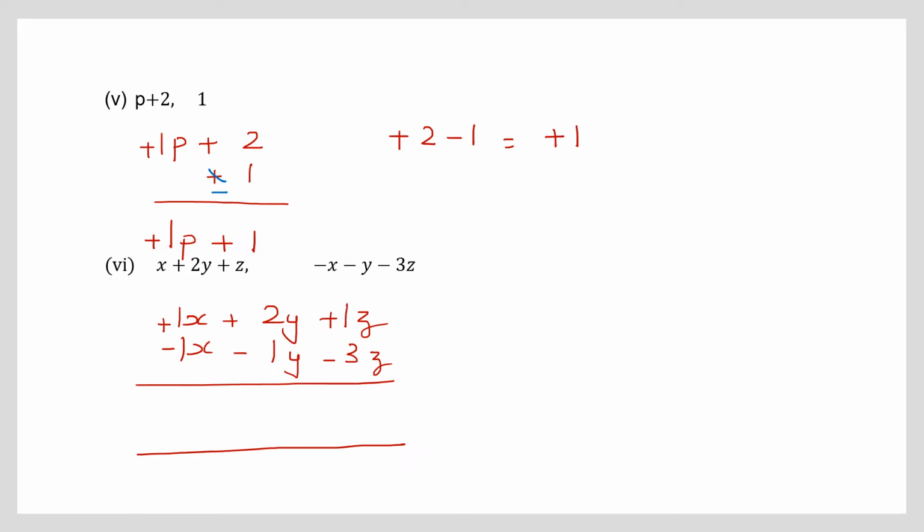Now this is subtraction, so I will change the signs of all the terms in the second row. Plus, plus and plus. Now let's work out. When signs are the same, put the same sign and add. Plus 1 plus 1 is 2x. Here also signs are the same. Plus 3y. Again signs are the same. Plus 3 plus 1 is 4z.